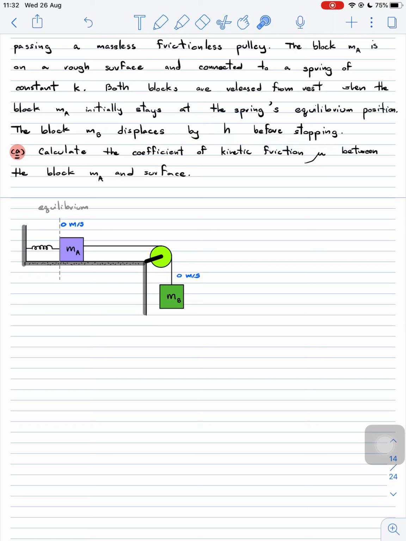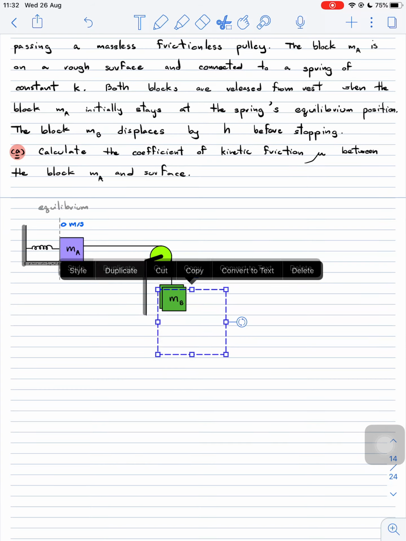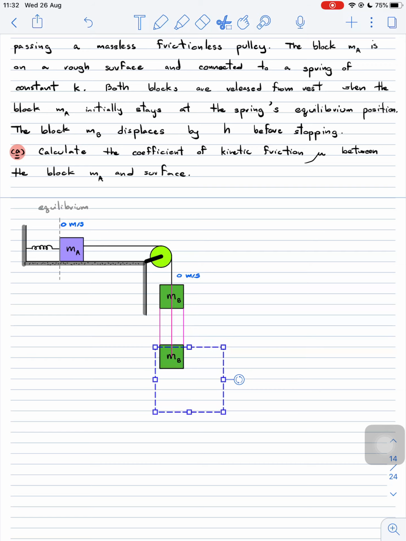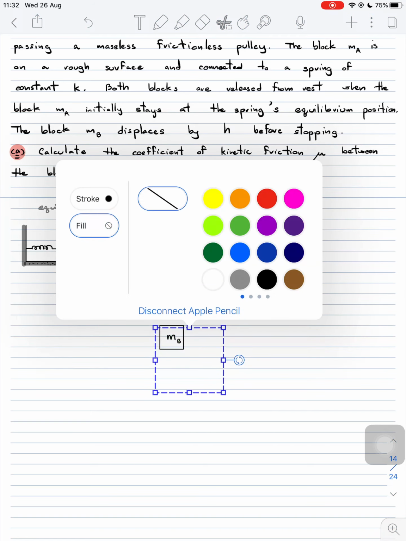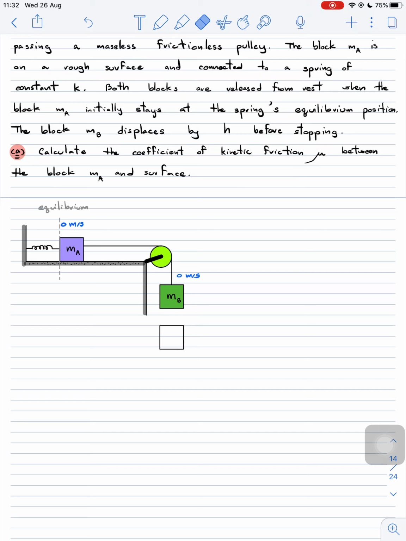So the block MB here will be displaced by this distance, equal to h before stopping.